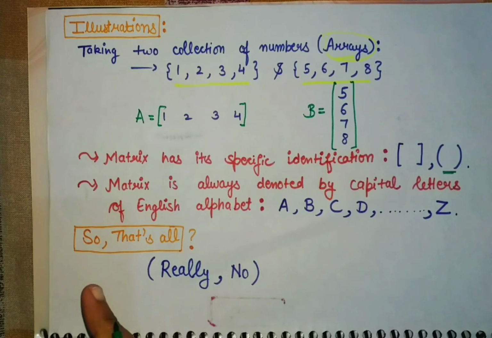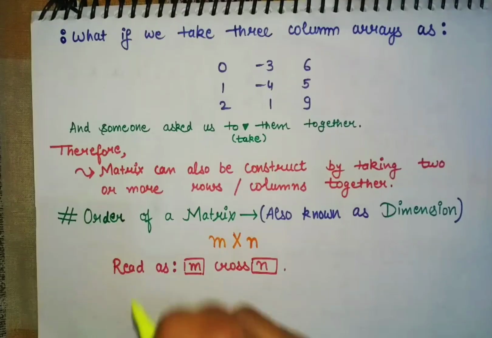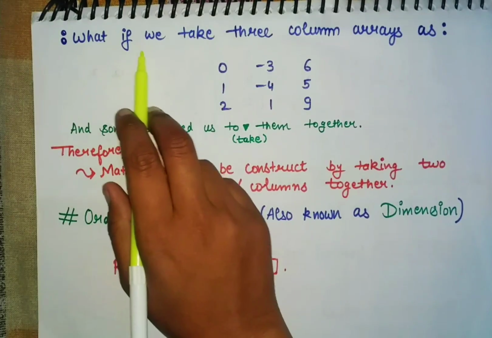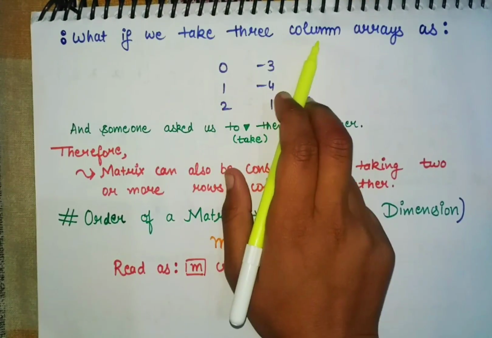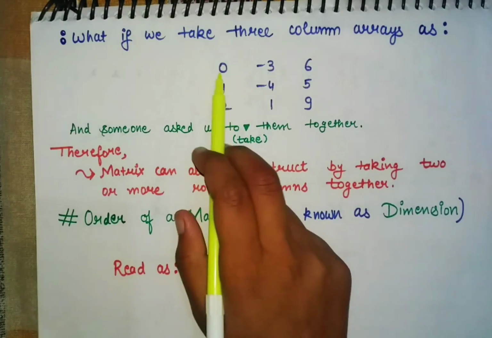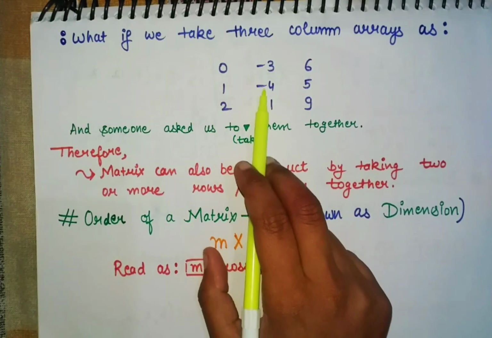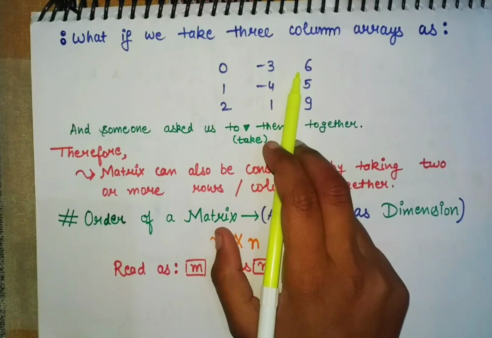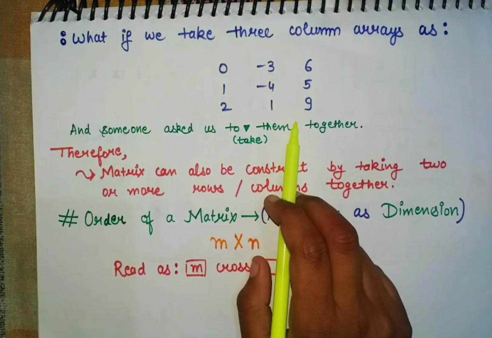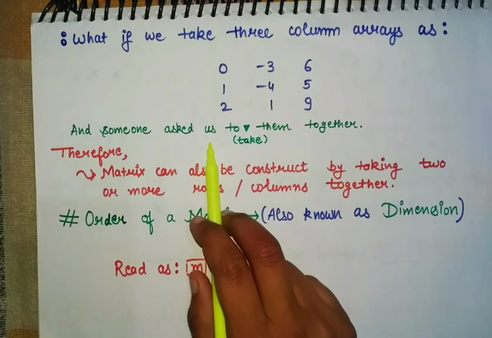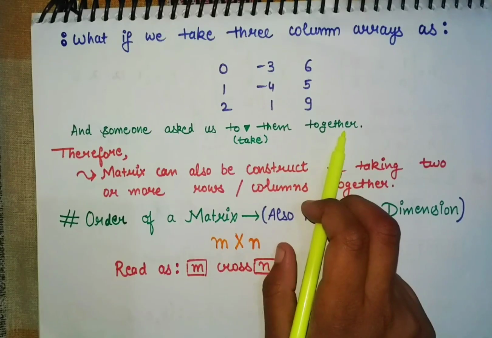So that's all about matrices? Really, no. What if we take three column arrays as 0, 1, 2; minus 3, minus 4, 1; and 6, 5, 9, and someone asked us to take them together?